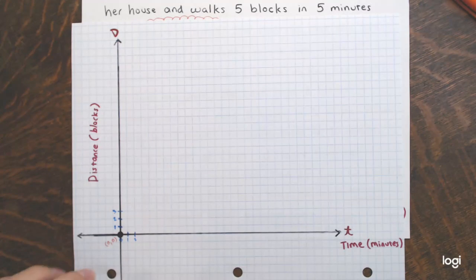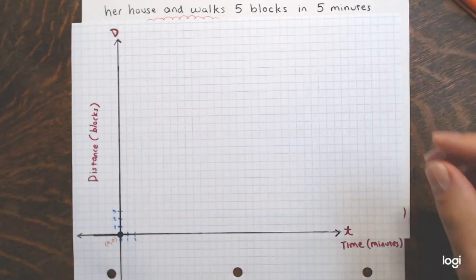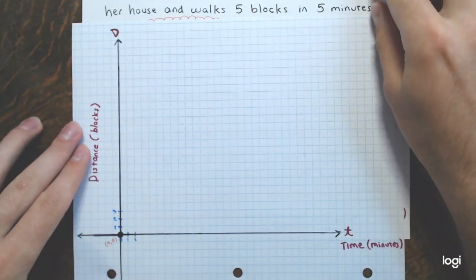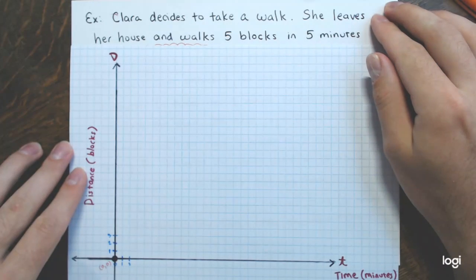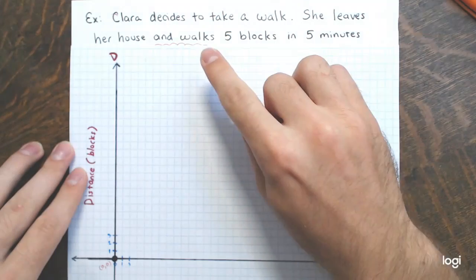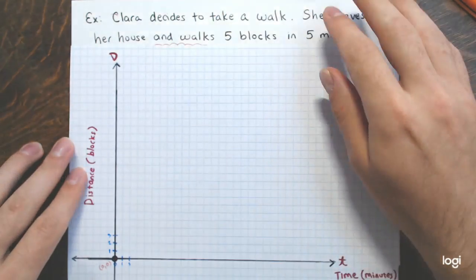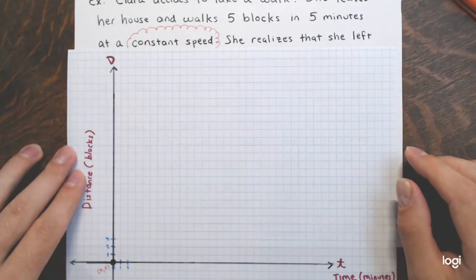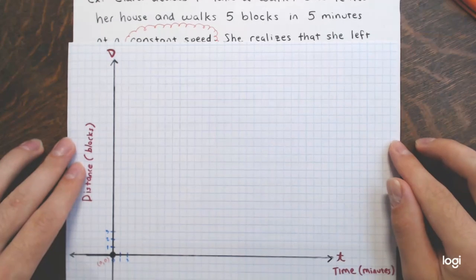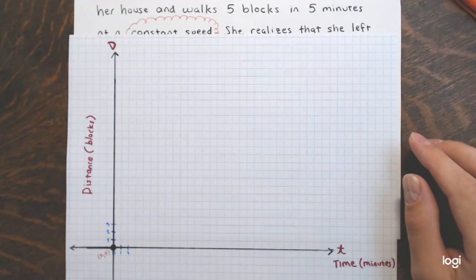She's at her house. All right, then let's go back and read through the problem one little sentence at a time here. So she decides to take a walk. She leaves her house, walks 5 blocks in 5 minutes, and again always at a constant speed. So she walks 5 blocks in 5 minutes.